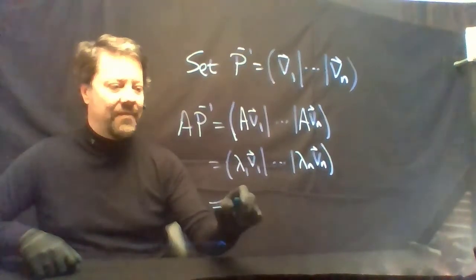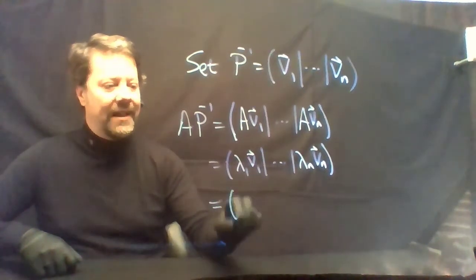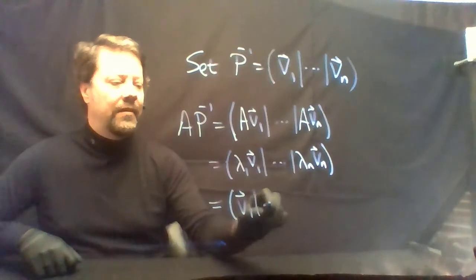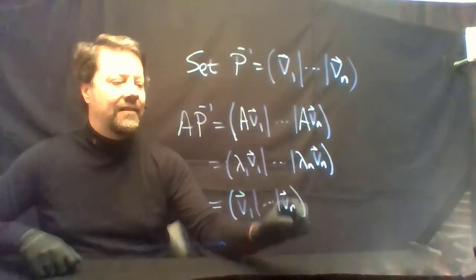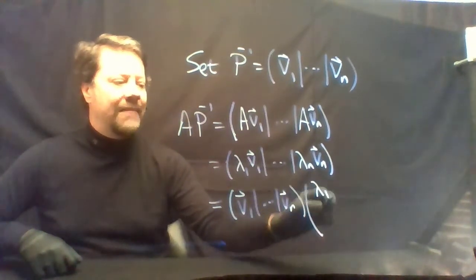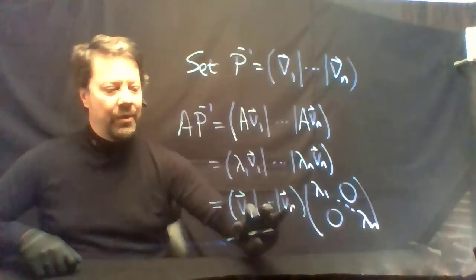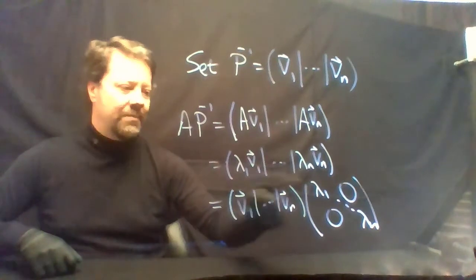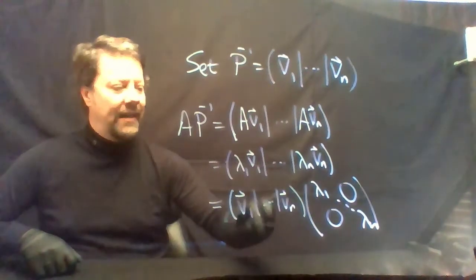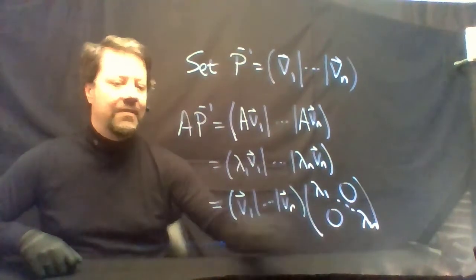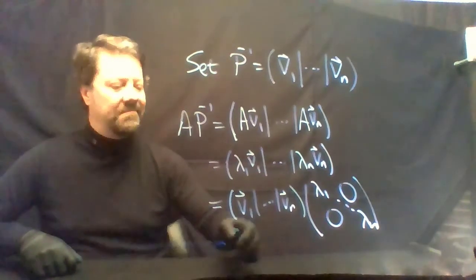We can write it as v1 through vn times the diagonal matrix lambda 1 through lambda n. When you multiply here, the first vector gets multiplied onto the lambda 1, and so on down the line, the last vector multiplying onto that lambda n.